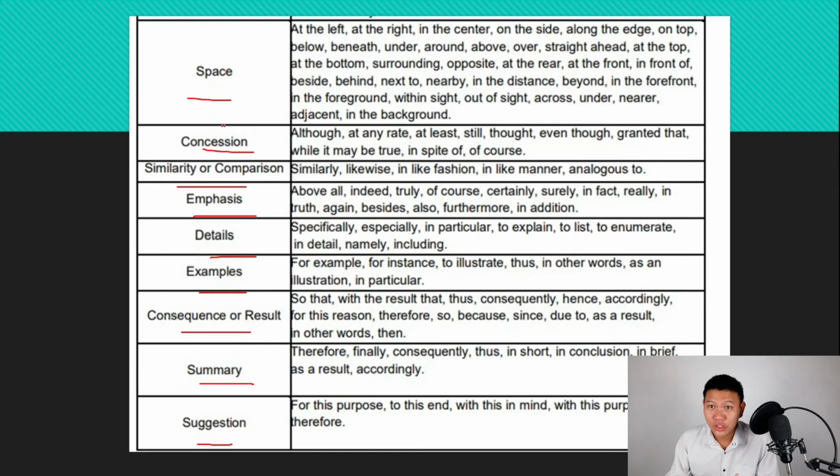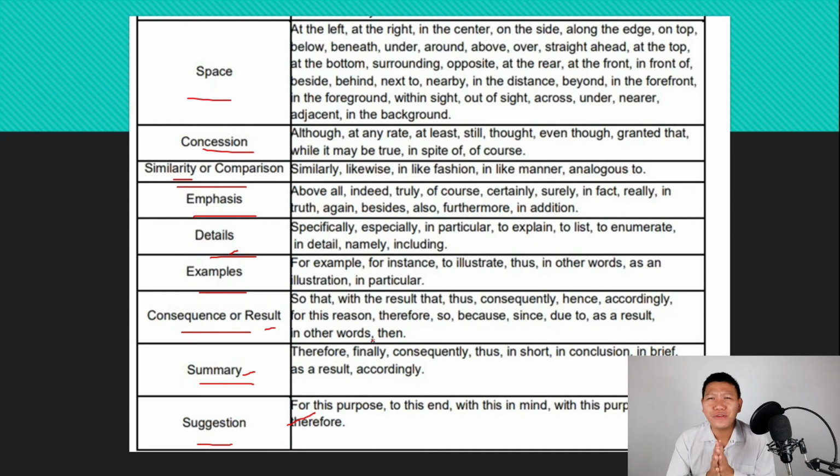Although, concession or conditional: although, even though, these are examples of concession. Similarly, likewise, for similarity. Above all, surely, in fact, these are for emphasis. Specifically, for details; for example, as a result, okay, for result; therefore, in conclusion, that's for summary. And then, with this in mind, for suggestion and so on.